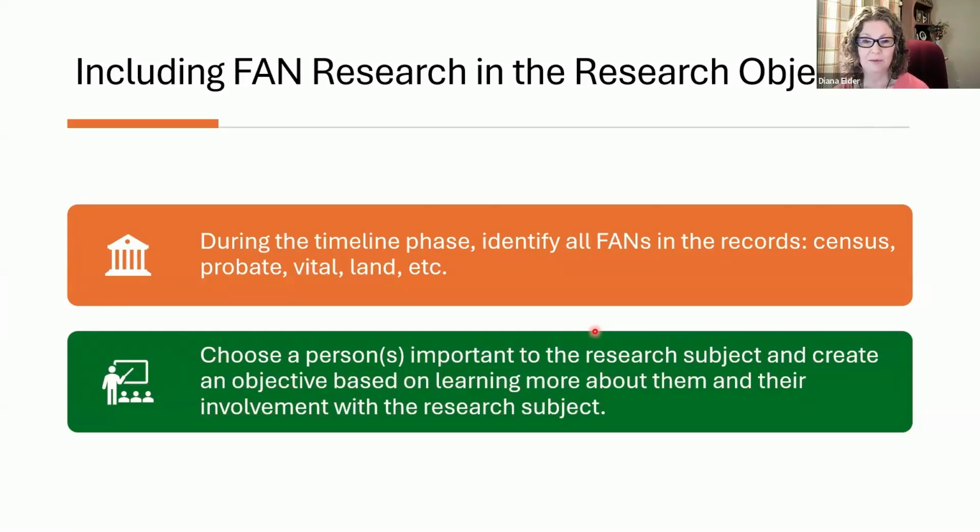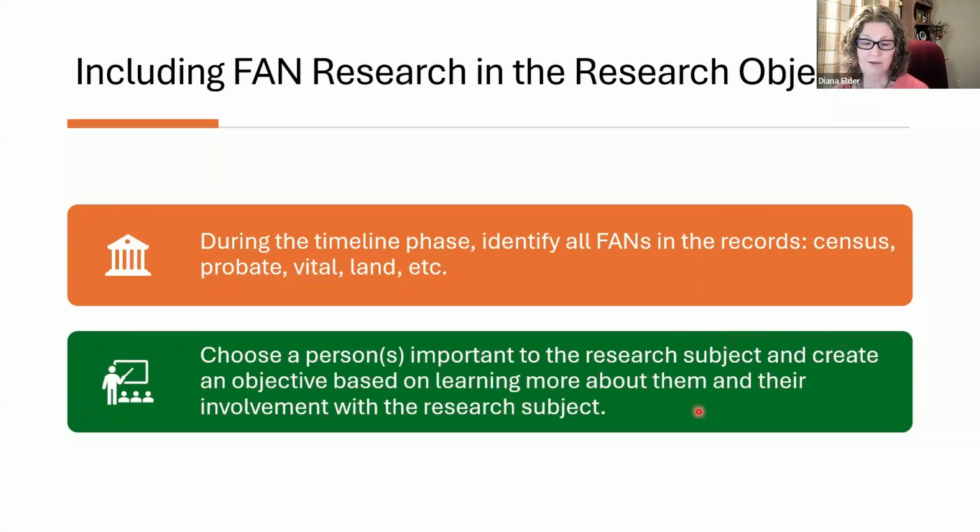Well, they perhaps wouldn't be as important to your research subject as someone with the same surname, who could be a brother or an uncle or even a father or a son. So you'll have to look at your FANs list and really think about who are the important people. Now, once you have identified them, you could create a special objective based more on learning about them.